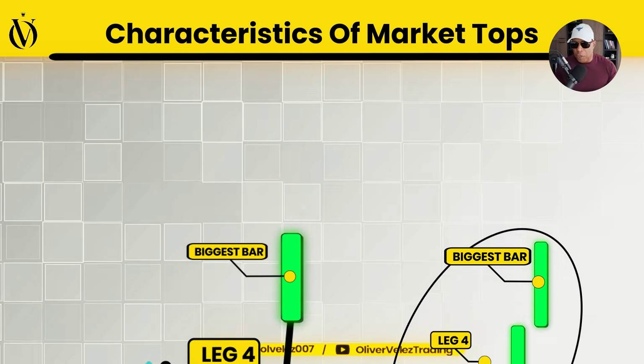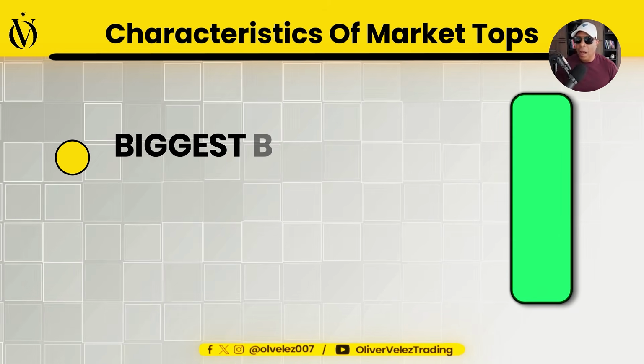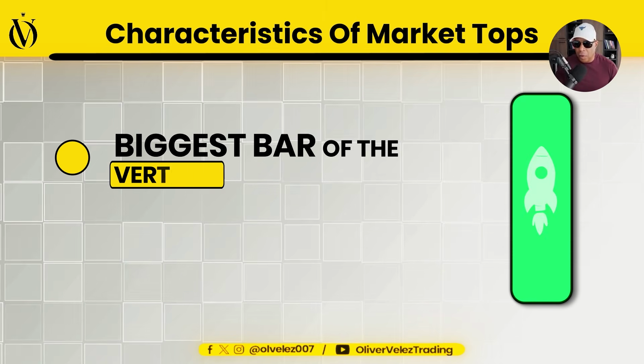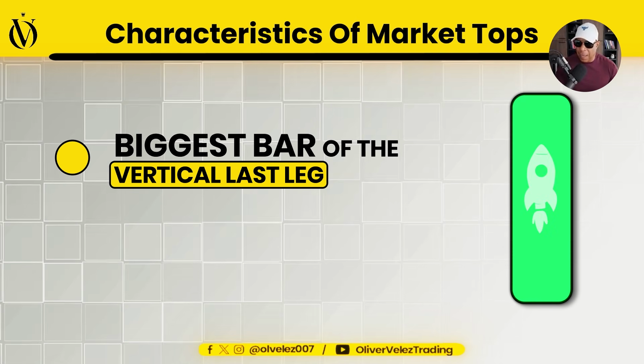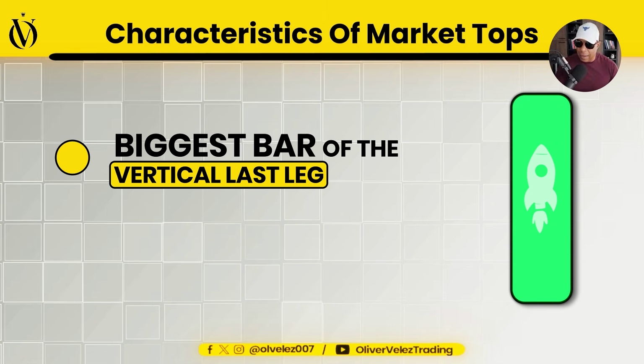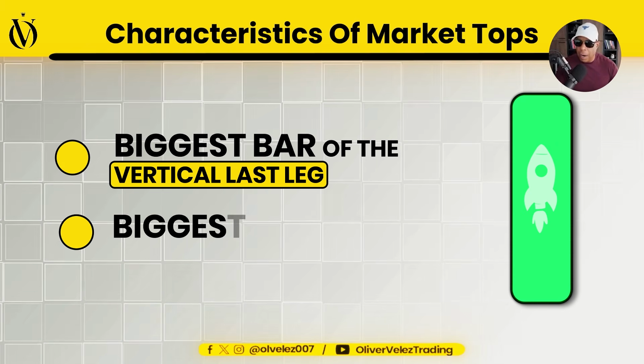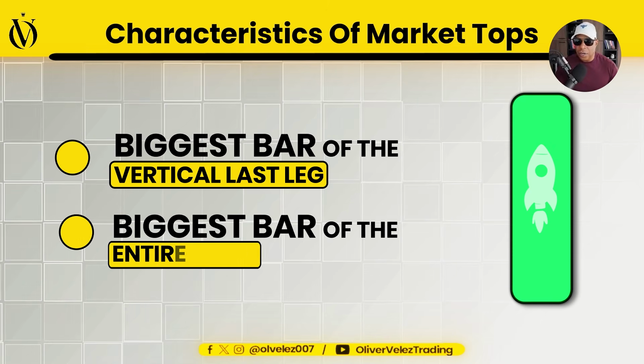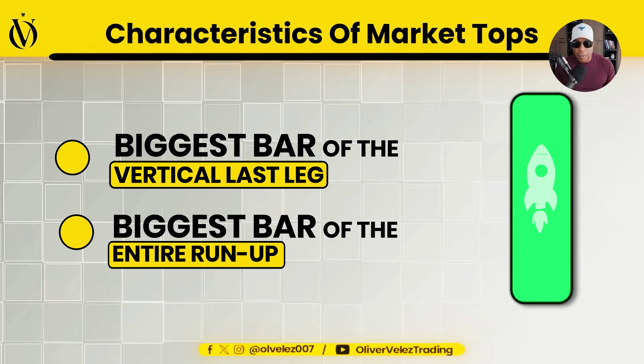Now, guys, when you get the last bar of the vertical last leg, if that's not only the biggest bar of the last leg, but it's the biggest bar that ever occurred during the whole run up, OMG.